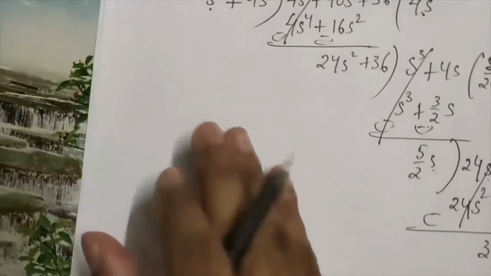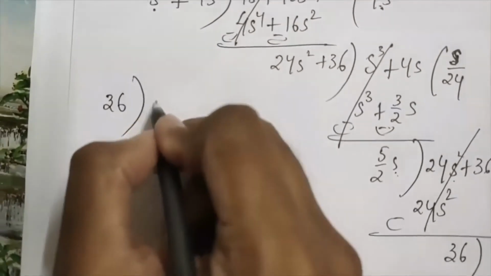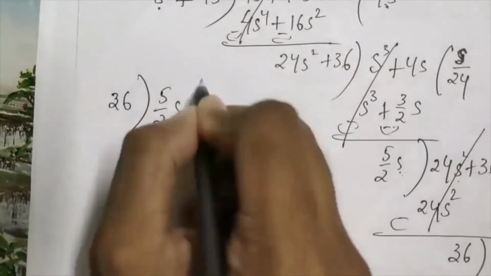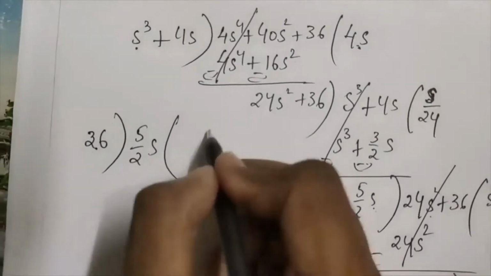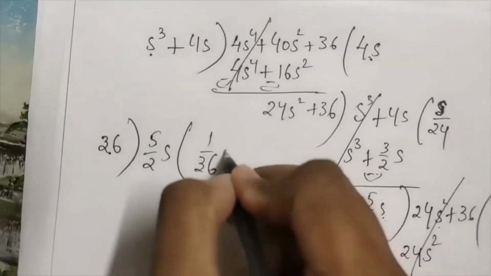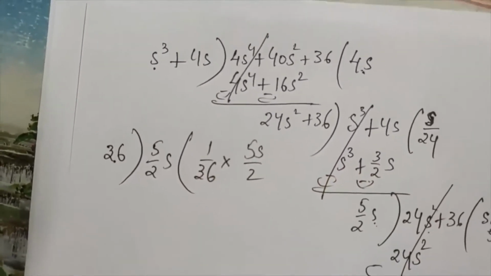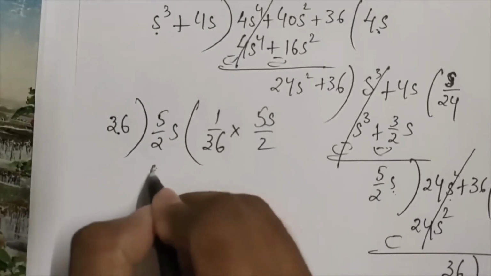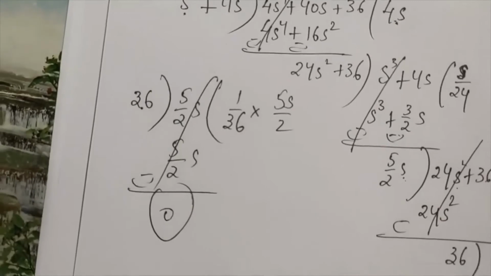I will continue here. So 36 here, 5 by 2S. So here I have 36, so I'll first eliminate that 36 and I want 5S by 2 in place of 36. So that term will get cancelled and the remainder is 0.